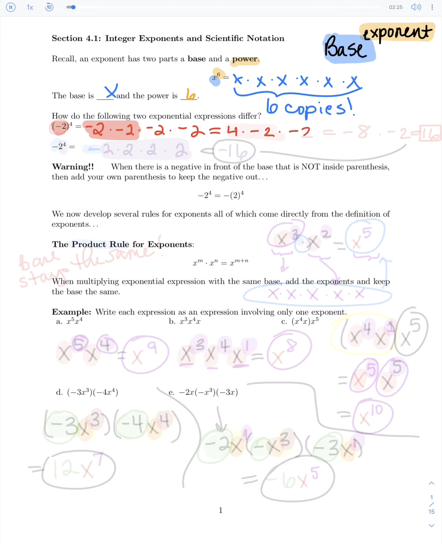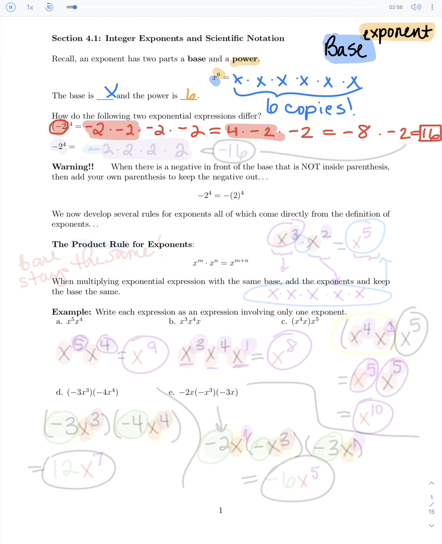Then take that 4 times another -2, which is -8, times that last -2, and we turn this back into a positive 16. Those parentheses make sure you know that what's getting multiplied by itself 4 times is the entire number -2, because it's held together by those parentheses.